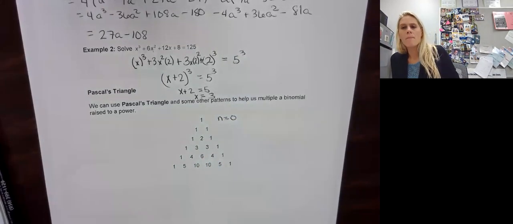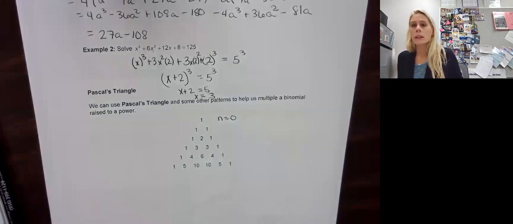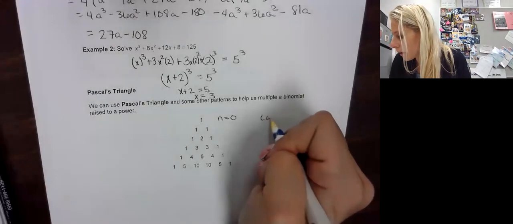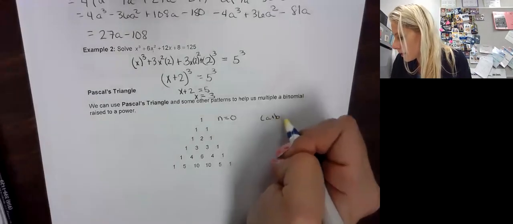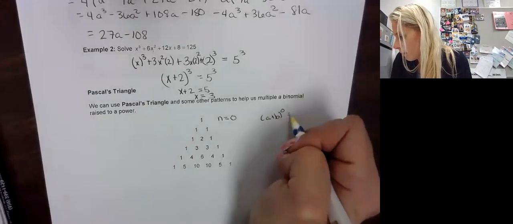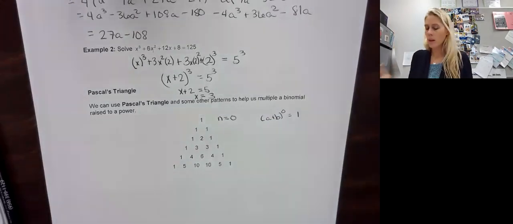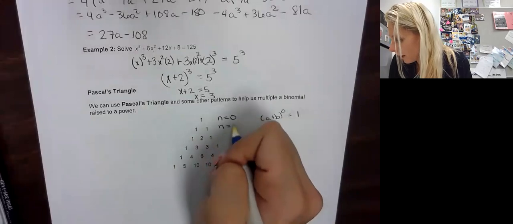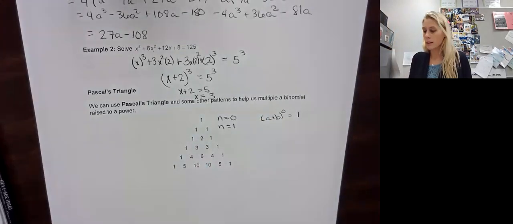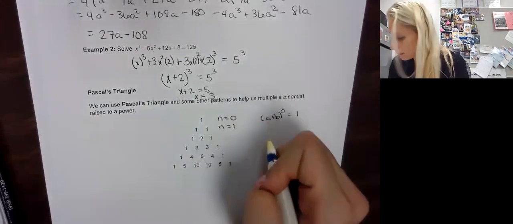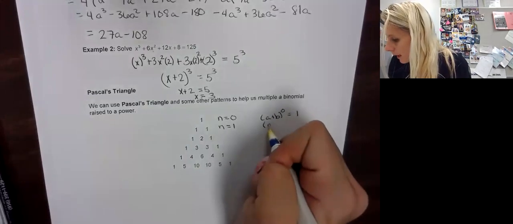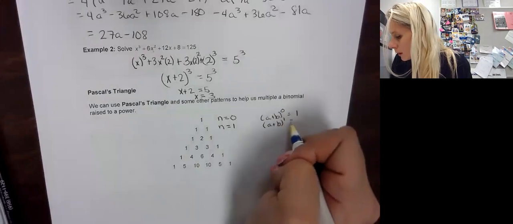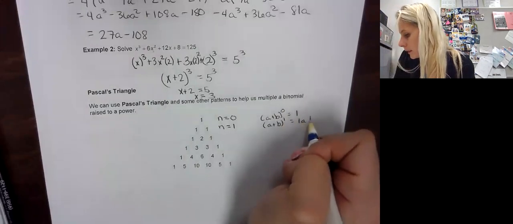And think of that, anything to the 0 is always the value of 1. So if I said (a + b) to the 0, we know that's 1. Just like the next line would be n to the first. So it's our exponent, right? So that would be (a + b) to the first, which is just 1a plus 1b.